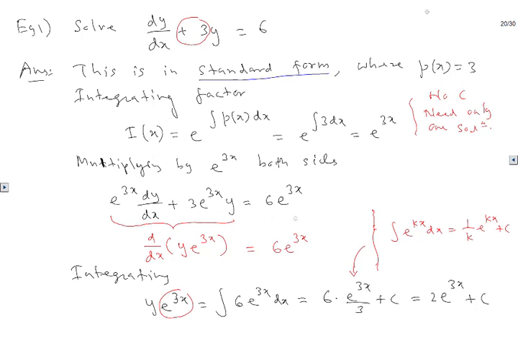Once you multiply, the left side is automatically the derivative of the product y e to the 3x, and that equals 6 e to the 3x. Now we integrate both sides. The derivative cancels out, and you get the integral. This is a very easy integral, so you end up getting 2e^(3x) plus c. After that, we divide both sides by e to the 3x, and you get the solution.